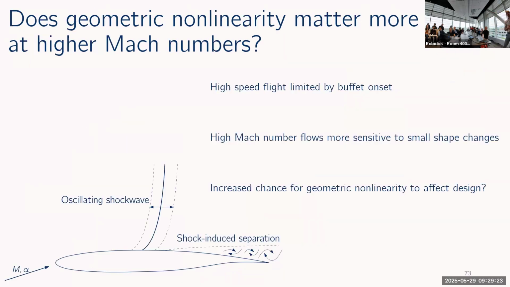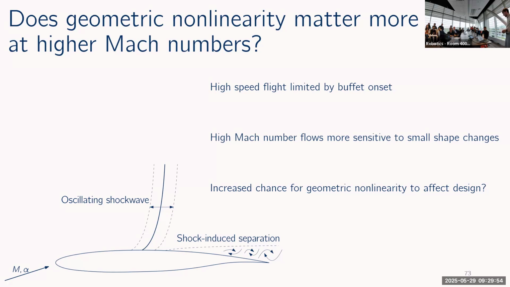But I don't want to draw huge sweeping conclusions just from one wing and one design problem. So I ran a couple of other optimization studies to see if geometric nonlinearity mattered more in a few other situations. For wings that fly at transonic speeds, if they fly too fast or at too high an angle of attack, you get something called buffet, where a shock wave forms on the wing.